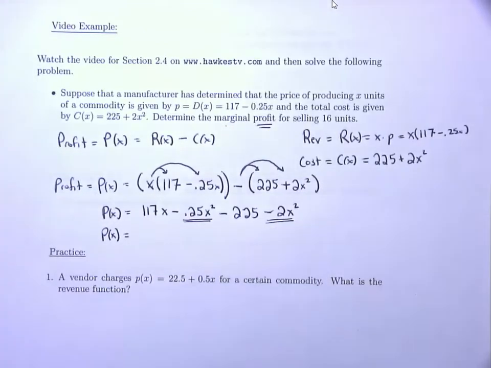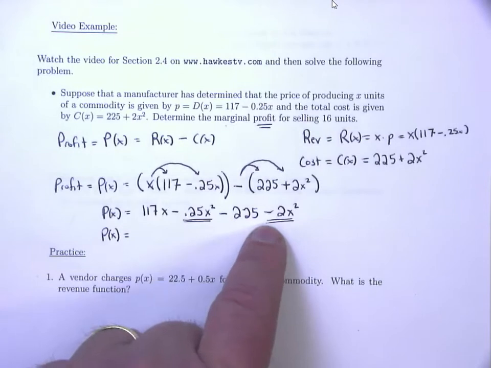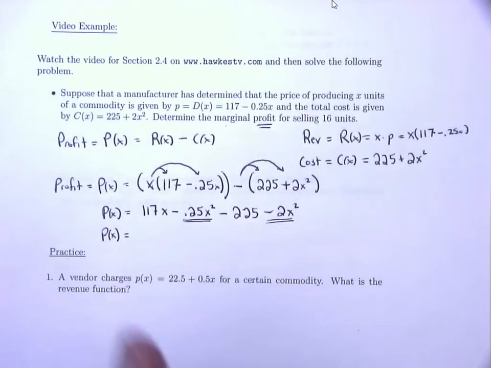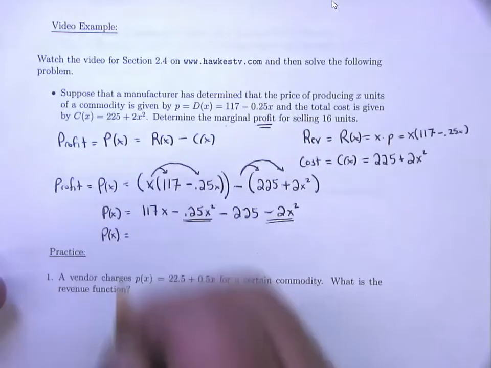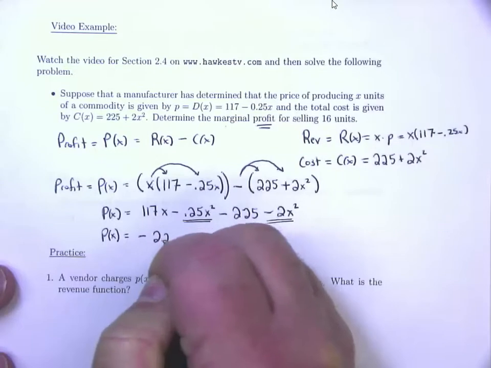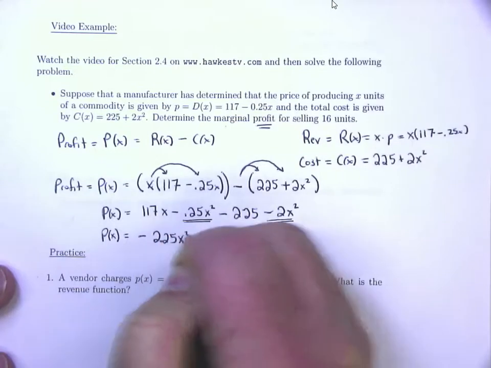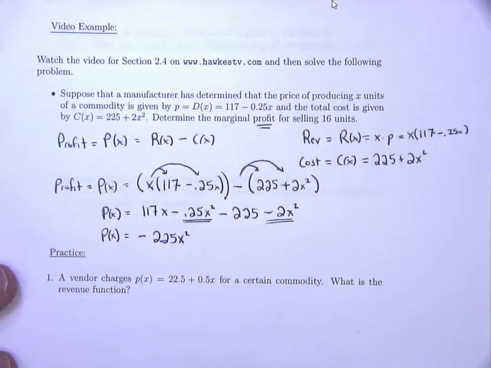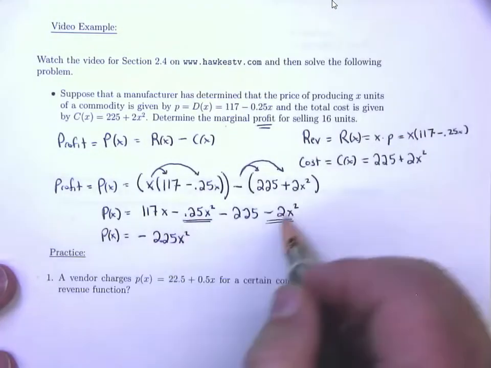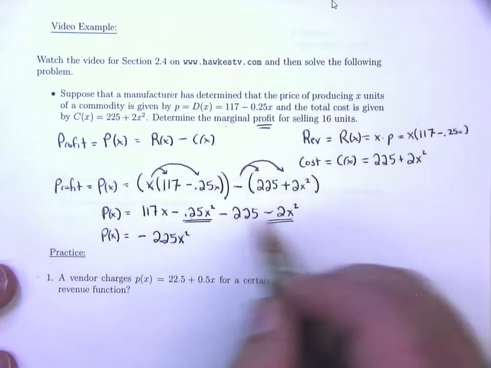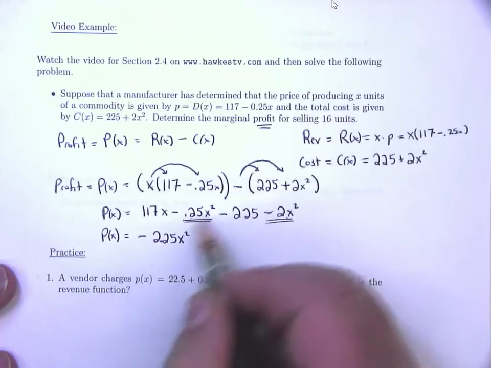Well, when you add like terms, you just add their coefficients. What is negative 0.25 minus 2? They're the same signs, so add them up. What do you get? I get negative 2.25x squared. Does that make sense? It doesn't matter what the coefficients are. This is negative 0.25, this is negative 2, and negative 0.25 minus 2 is negative 2.25, and they're both x squared.